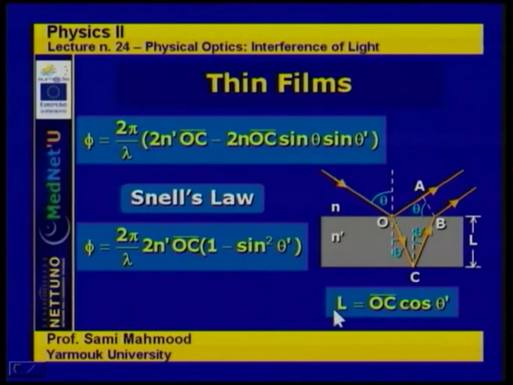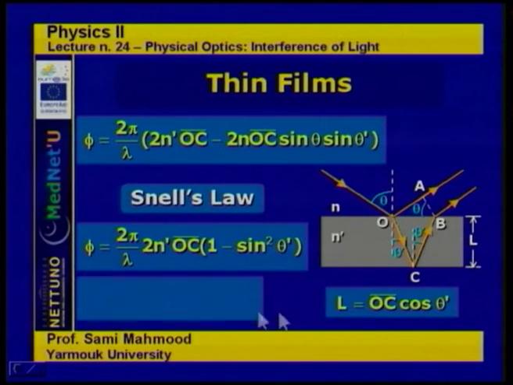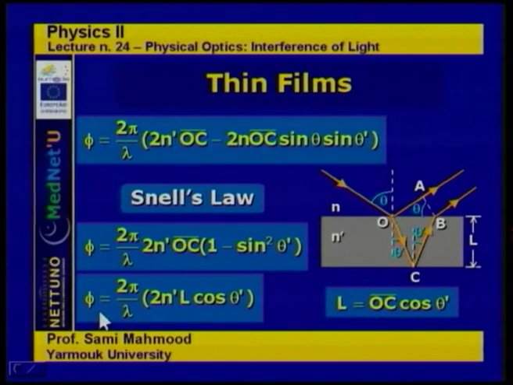And if we consider that L, the thickness of the film, is equal to OC times cosine theta prime, and we remind ourselves that 1 minus sine squared theta prime is equal to cosine squared theta prime, putting these facts together, we will obtain phi is equal to 2 pi over lambda times 2n prime times L cosine theta prime.